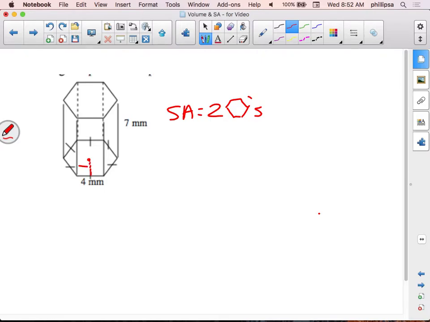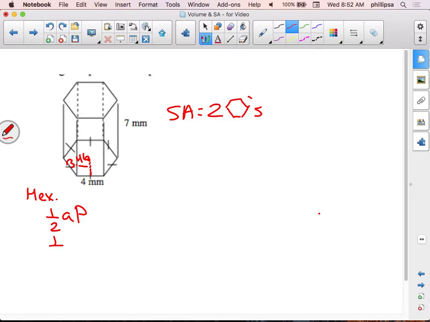That was an apothem height of 3.46, okay? So your hexagon will be half the apothem times the perimeter.